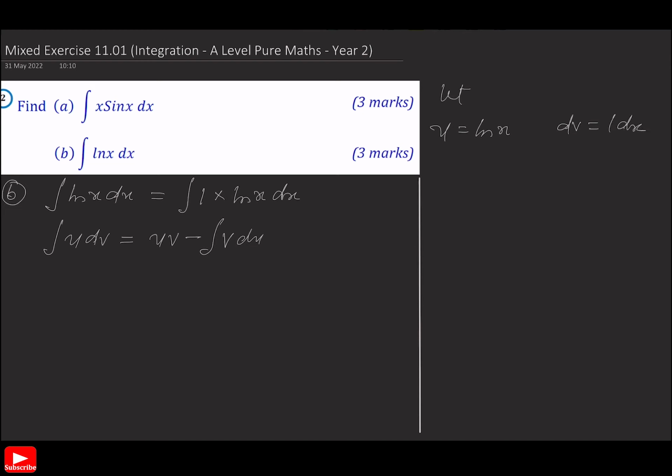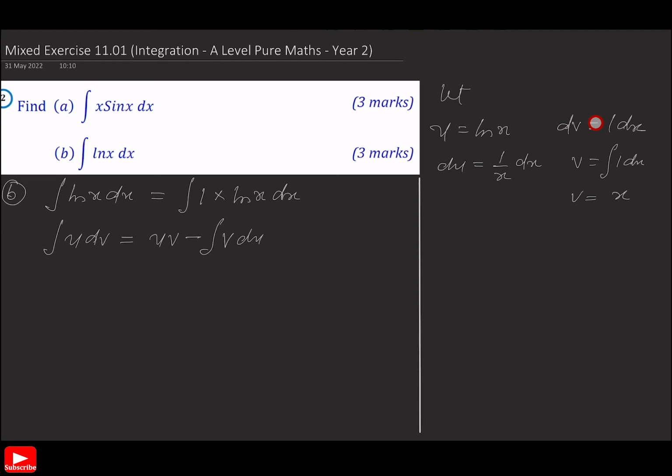If I differentiate u with respect to x, I'll get du equals 1 over x dx. And if I find v, I'm going to do v equals the integral of 1 dx, and that will give me x. So v equals x. We can now go and do our substitution. u dv, same as ln x times 1.